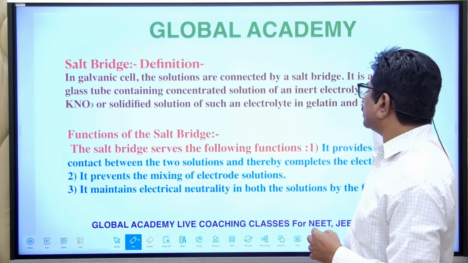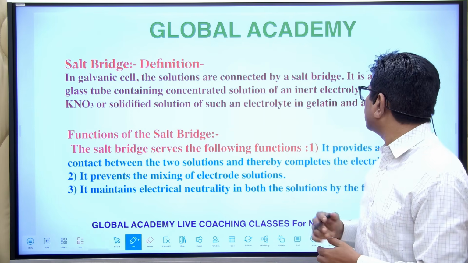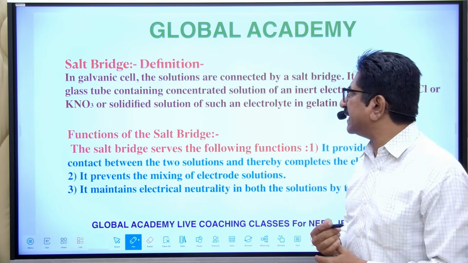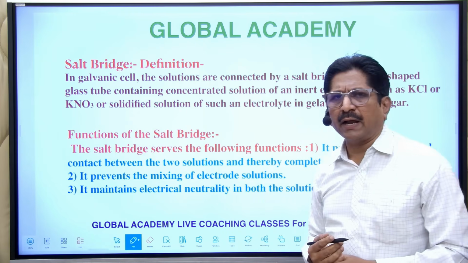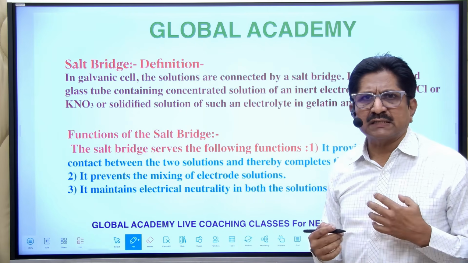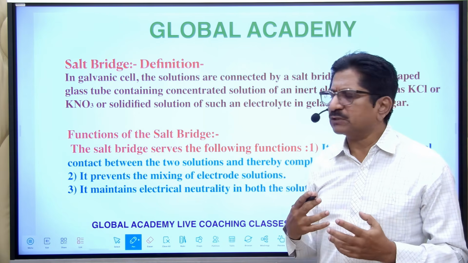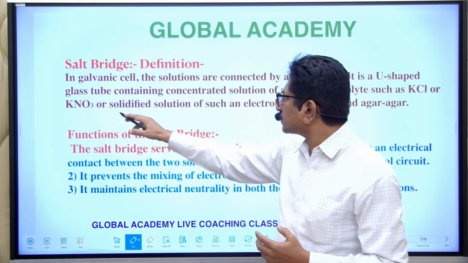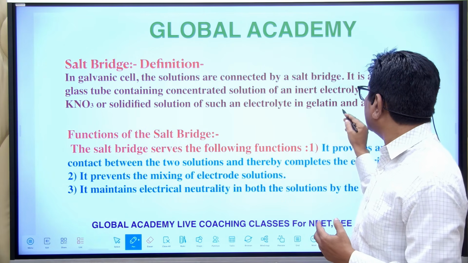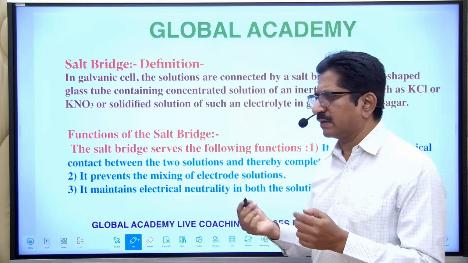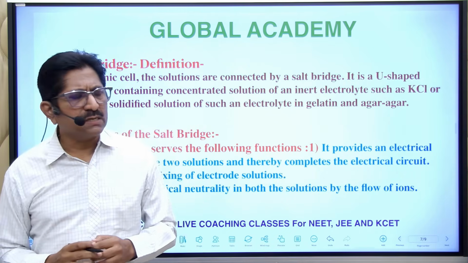This is a U-shaped glass tube containing a concentrated solution of an inert electrolyte such as KCl or potassium nitrate, and sometimes silver nitrate is also used here. So strong electrolytes are used, or solidified solutions of the electrolyte in gelatin and agar. So here we use that to make the salt bridge.